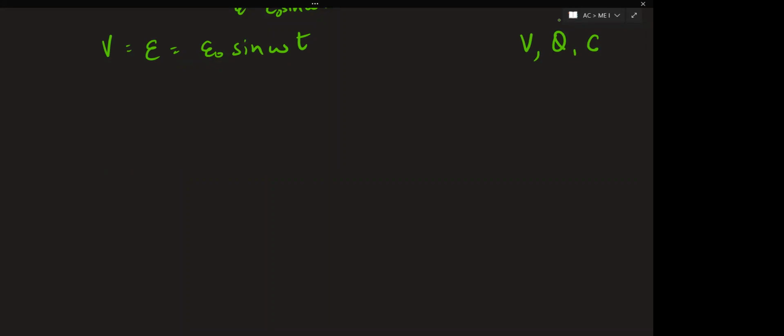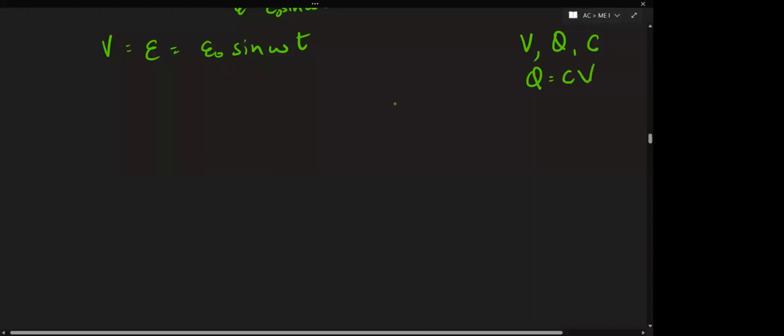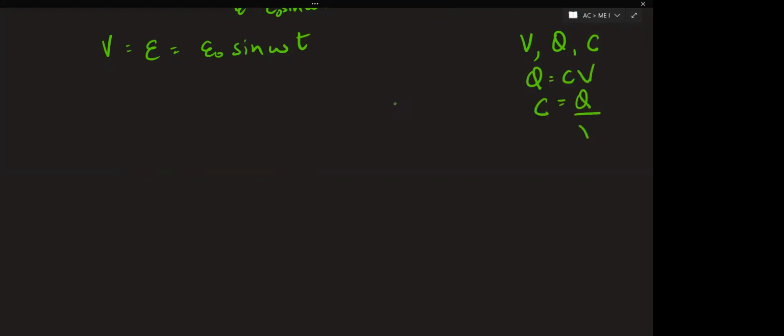Anyone? No, not C by V. See, Q is equal to CV is the formula of charge, and capacitance is equal to charge divided by potential. This is from your chapter 2.